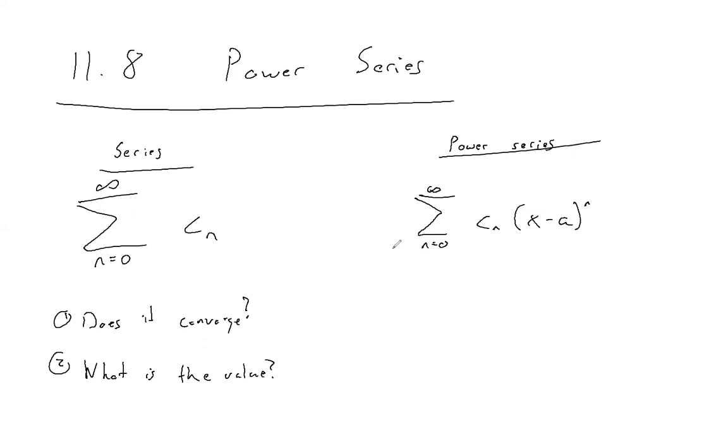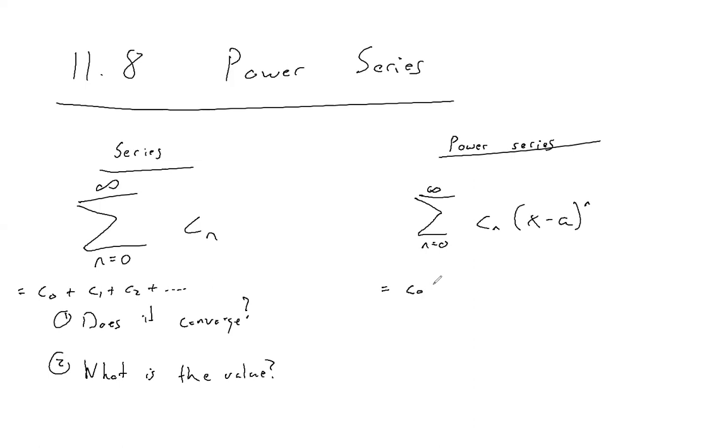Okay, so maybe this doesn't make any sense to you, but think about what this series looks like over here, our normal series. What does this notation mean? It means we're adding up C0 plus C1 plus C2 and so on. So we could write this as C0 plus C1 plus C2 plus forever. And what would this power series look like?